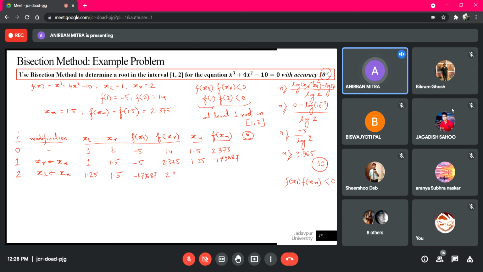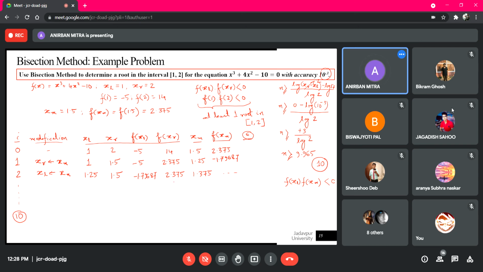This is 2.375. And we go to the next one. What should be the next one? Next one is going to be 1.375. We'll calculate this value as well. Like this, you will continue up to say 10 number of iterations.